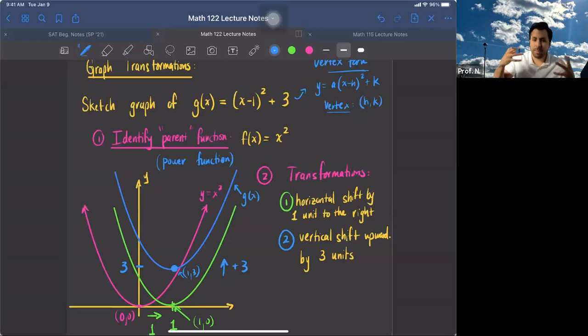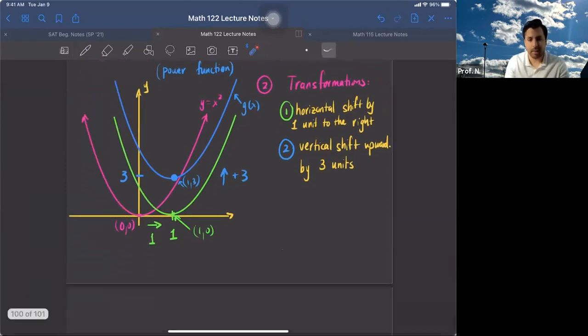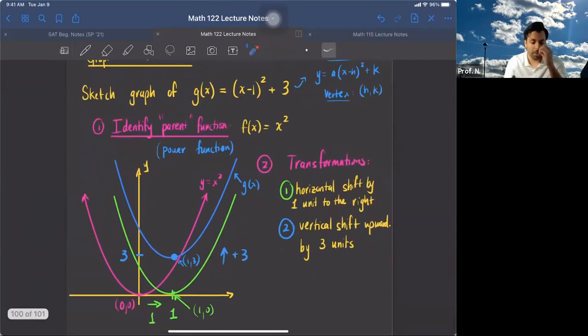Now that you have this perspective on transformations, you see that h and k represent transformation commands. This is a horizontal shift, either left or right by h units, and this is a vertical shift by k units, up or down. And that's going to affect the vertex. So that's how we're able to build upon previous knowledge.